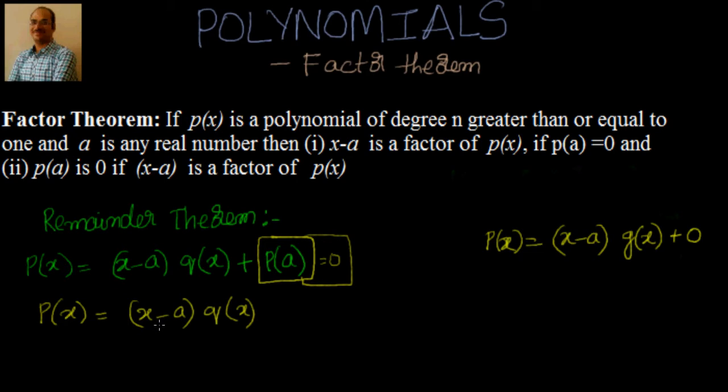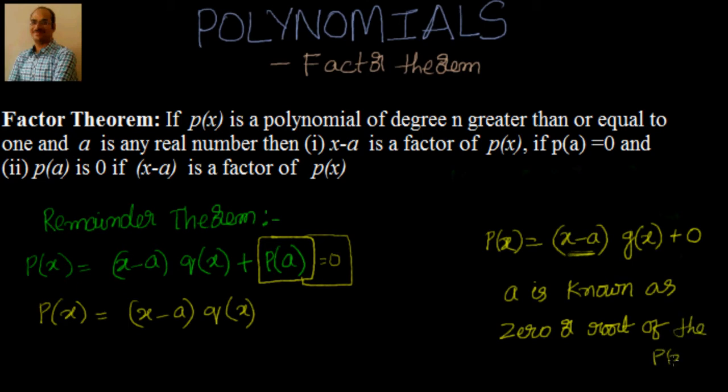Now the value a, which makes x minus a a factor, is also known as the zero or root of the polynomial p of x.